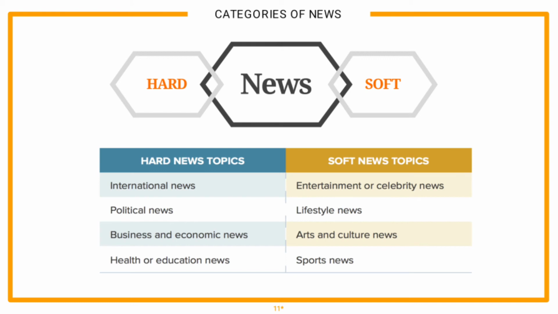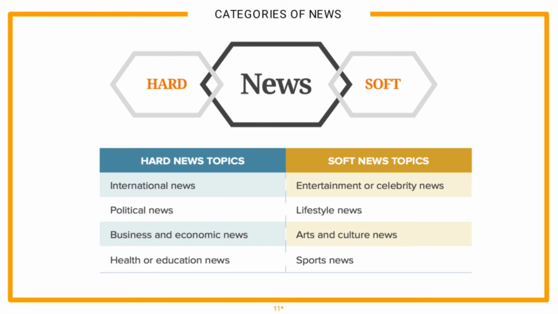So I have an example here. For the hard news topics, we have international news. Basically, these are the accidents or wars that happened. Political news, for example, corruption. Business and economic news, health or education news, for example, updates on COVID-19. And on the other hand, we have soft topics or soft news. It is entertainment or celebrity news, like when Derek Ramsey and Elena Darna spend their time in Siargao.